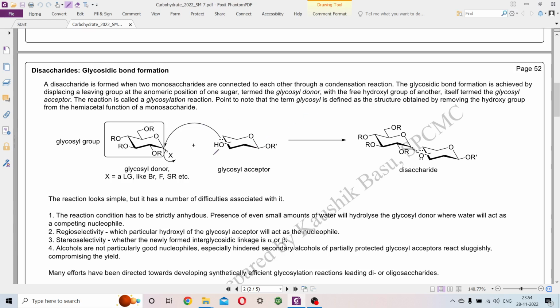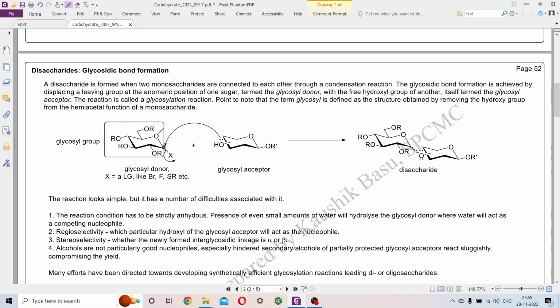It is to be noted that the term glycosyl is defined as the structure that is obtained by removing the hydroxy group of the hemiacetal function of a monosaccharide. Suppose X is equal to OH, then this is the hemiacetal carbon, the anomeric carbon, and the rest part of the molecule barring the OH would be known as the glycosyl group.